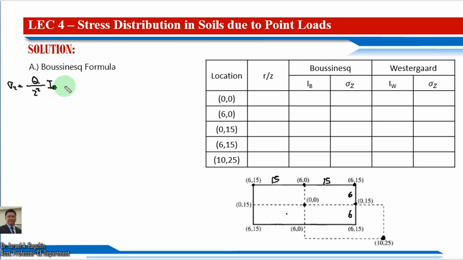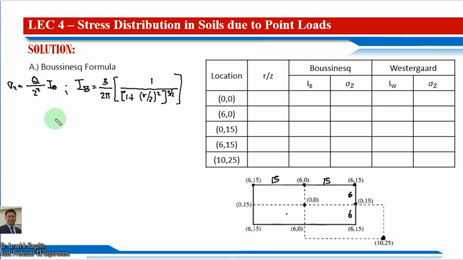So from here, our I subscript b is equal to 3 over 2 pi times 1, and its denominator is 1 plus the ratio of r over z, squared, all raised to the 5 halves. Okay, so this is really our formula.